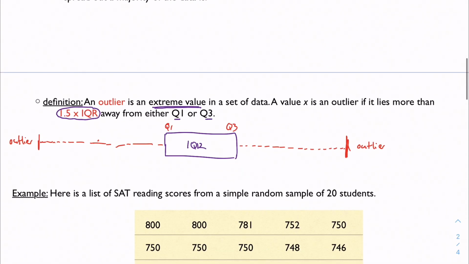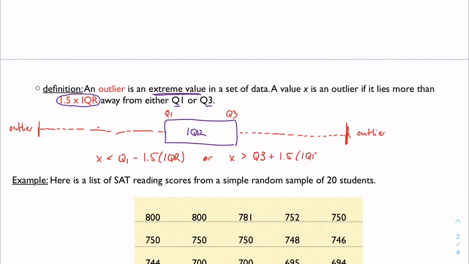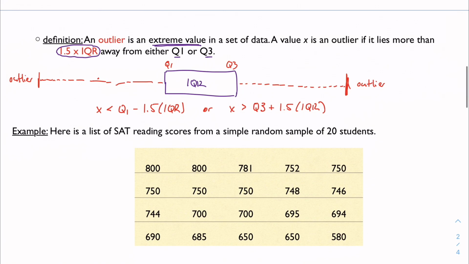So mathematically, we would say that an outlier would fall below Q1 minus 1.5 times the IQR. So x has to be less than that, or x has to be farther than Q3 plus 1.5 times the IQR. And those are the two boundaries that we set in order to determine if something's an outlier.